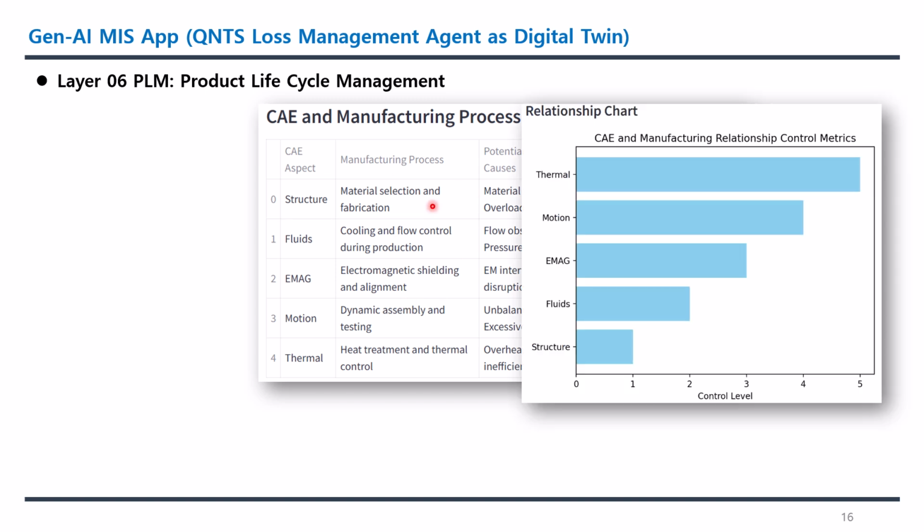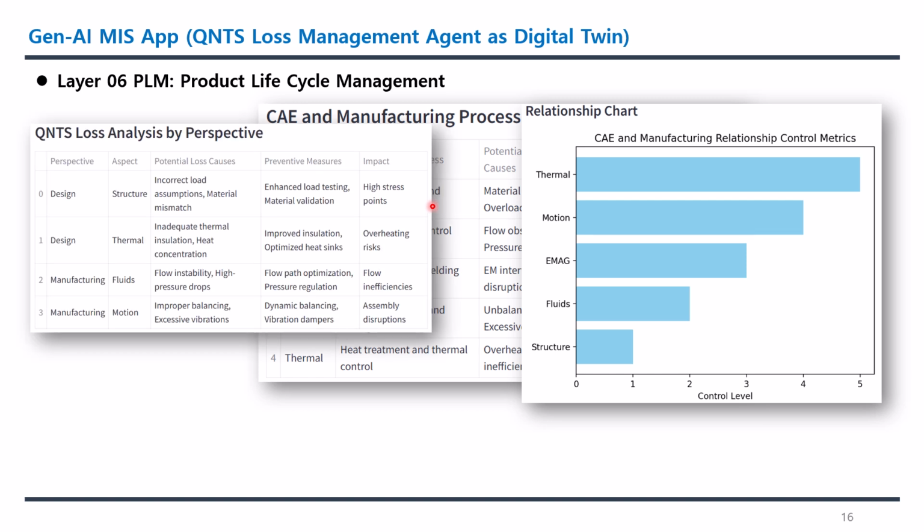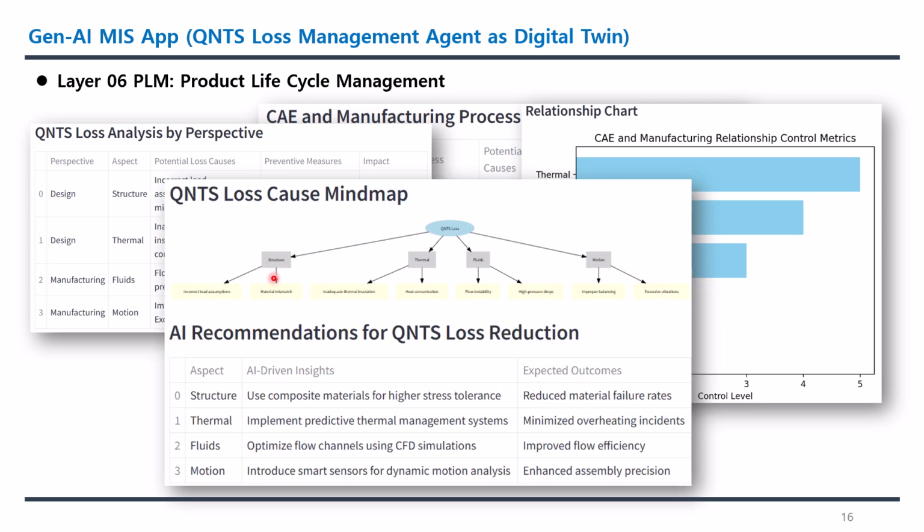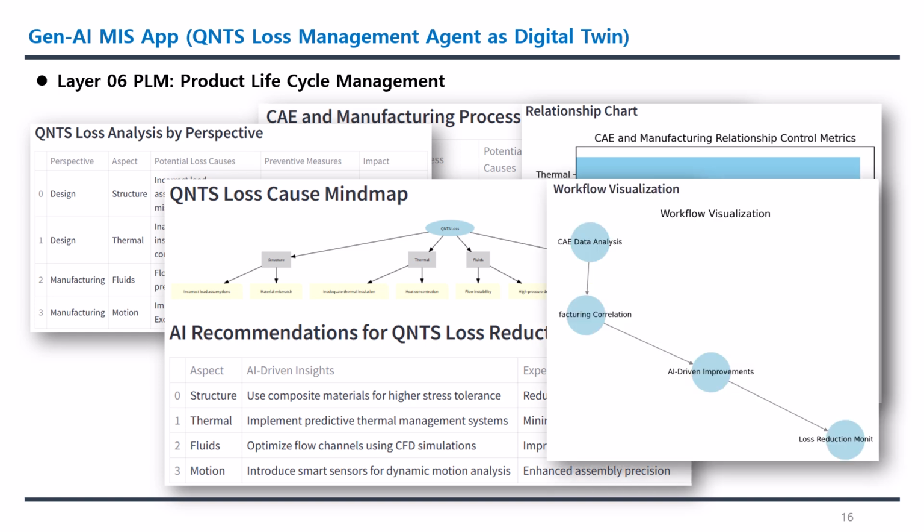In this area we need to gather data from production and design departments, and then integrate all those data so that you can view the status of QNTS loss and the cause analysis. Utilizing the ontology design concept, it is not very difficult to integrate all those different views of data and show them in the way of digital twin.